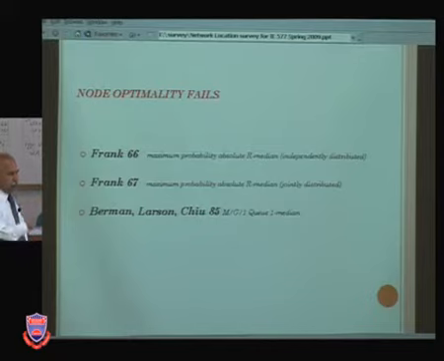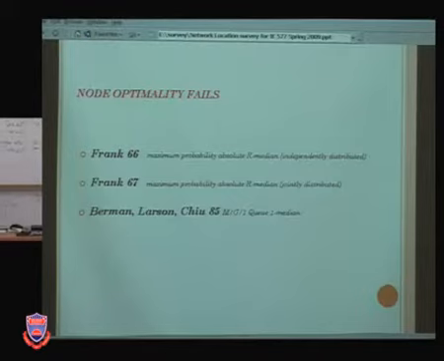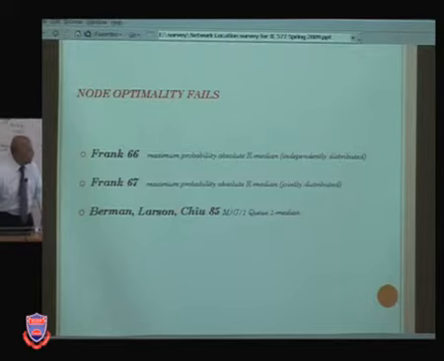So you're trying to maximize the probability of serving the nodes, given that your objective value will be less than or equal to some upper bound. It's similar to robust approaches, actually, except that you know the probabilities in this case. So in this case, node optimality fails. Also, in the second case, when they are jointly distributed, again, it fails.